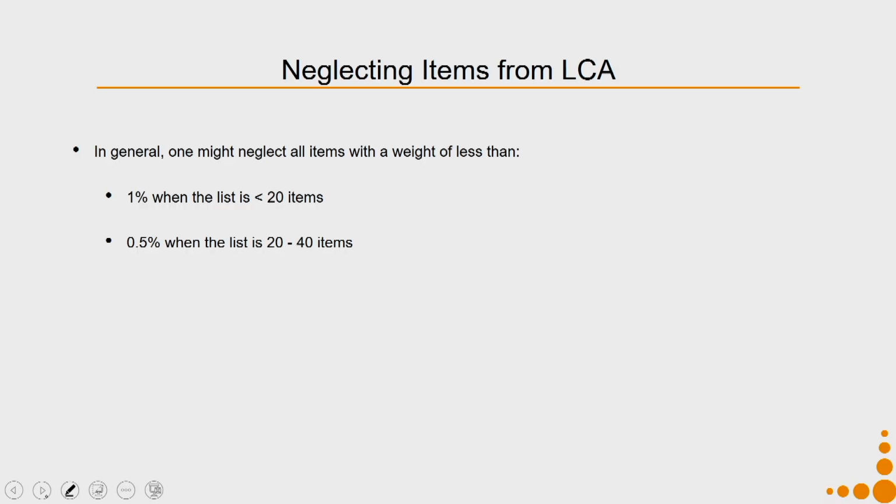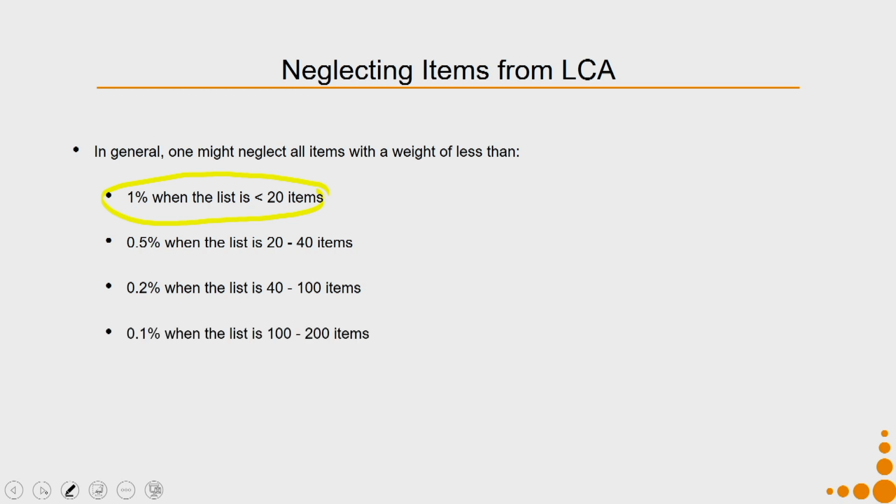Now, if I have to neglect something, I can do so if its weight is 1%, because in this particular context I lie in this category, 1% when the list is less than 20 items. 0.2% when the list is 40 to 100 items, 0.1% when the list is 100 to 200 items, then 0.05% when the list is 200 to 500 items.